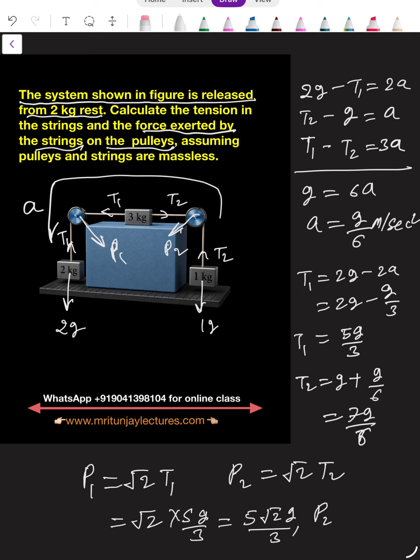And P2, with T2 as 7g by 6, is 7 root 2 g by 6. So T1 is 5g by 3, T2 is 7g by 6, P1 is 5 root 2 g by 3 and P2 is 7 root 2 g by 6. This is the right answer. Okay, make it.